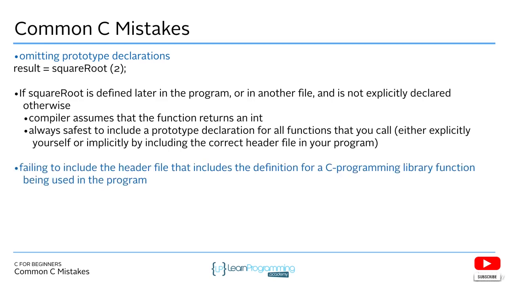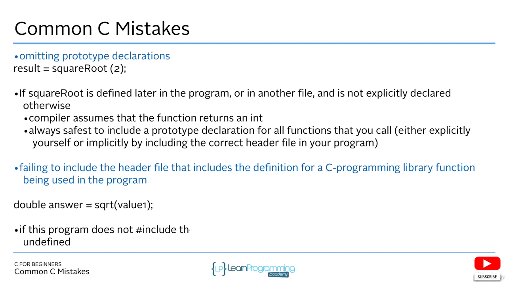Failing to include the header file that includes the definition for a C programming library function being used in the program. So in this case, you want to reuse some code. Maybe you have the printf function, you want to display some output, but you do not include the standard header file. That's a mistake. And that will usually be told to you by the compiler. There will be a linking problem with that function.